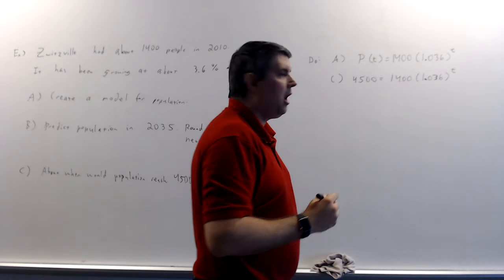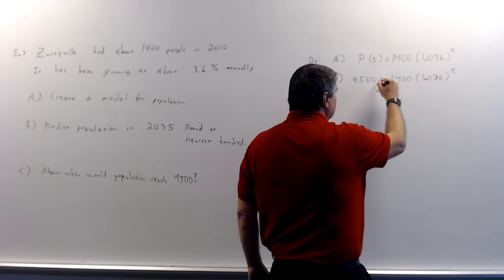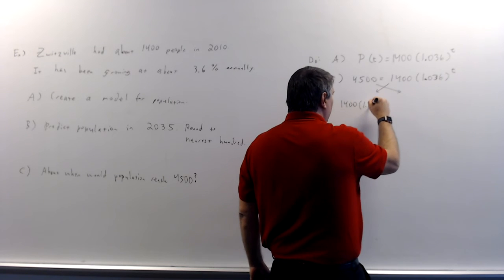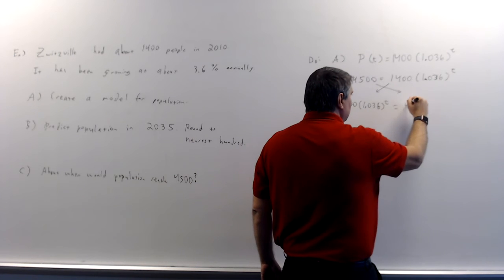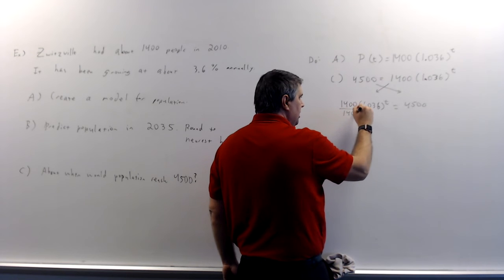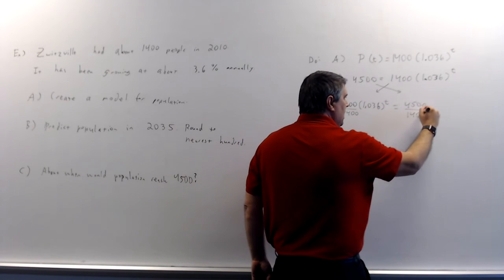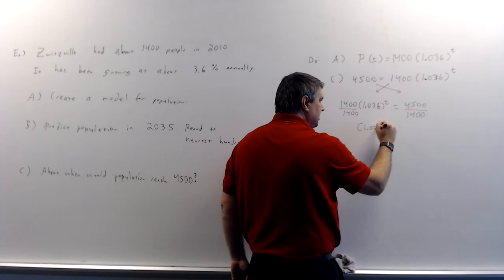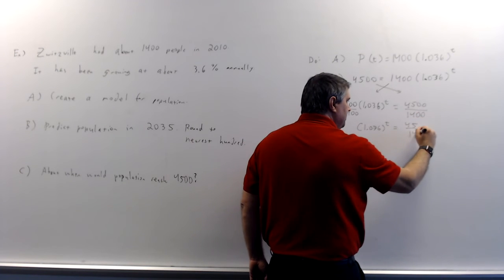My unknown is on the right, so I propose to switch the sides because I prefer my unknown on the left, and most people do too. I'm going to divide off the 1,400 to isolate just the base and its exponent, and I will reduce this side. So 1.036 to the tth power is 45/14.